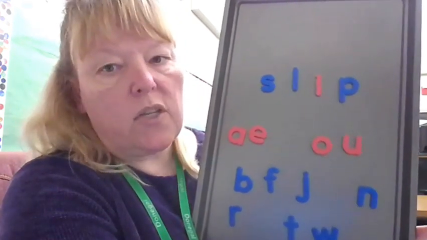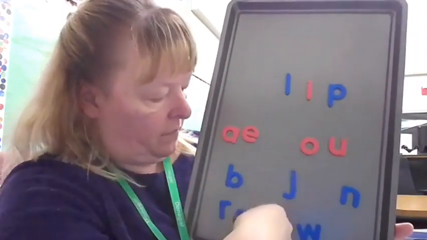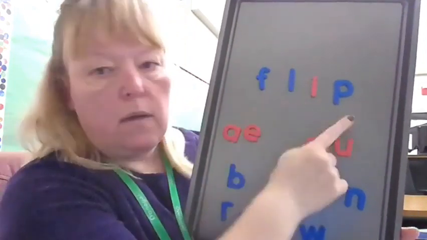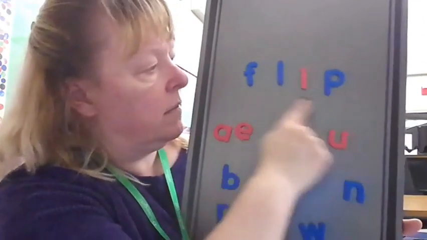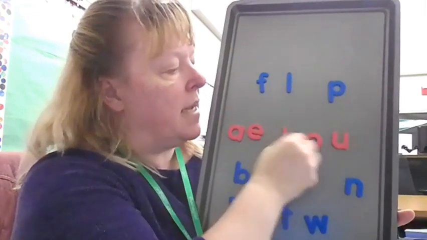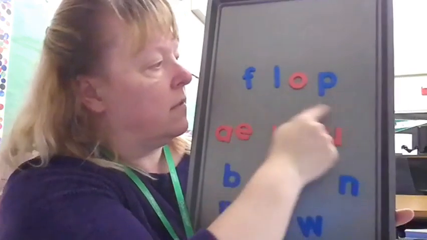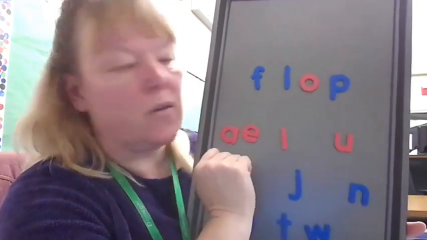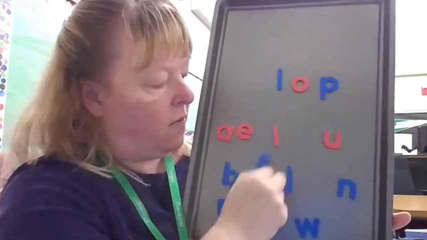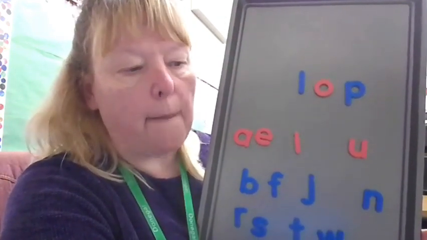Now I want to change the S to an F. What's my new word? Flip. Excellent. Change the I to an O. What's my new word? Flop. Super. Take away the F, and my word is lop.